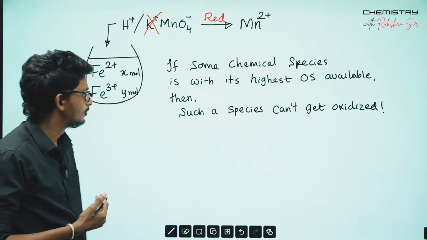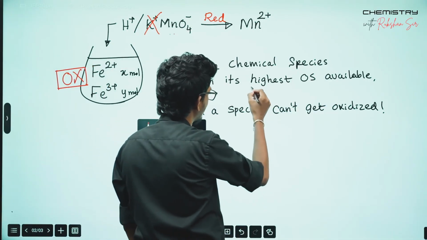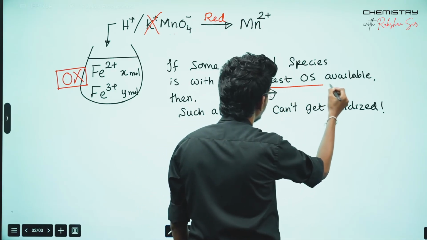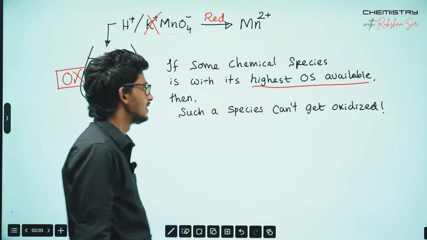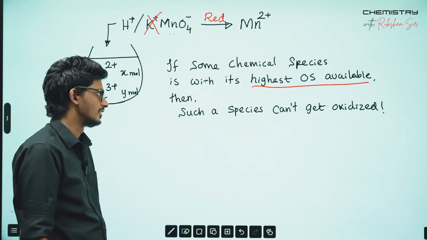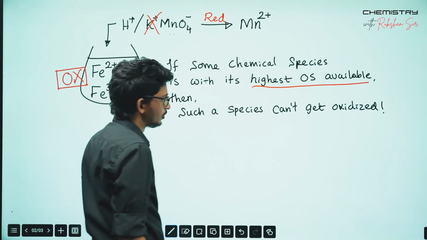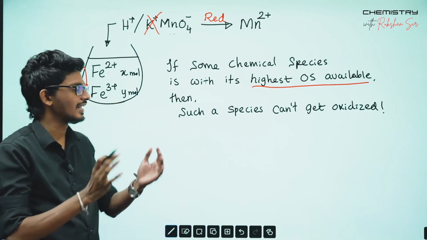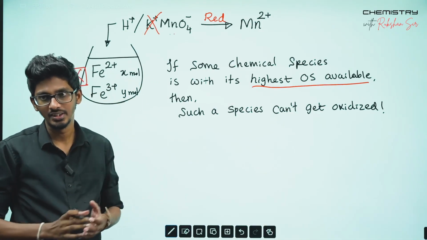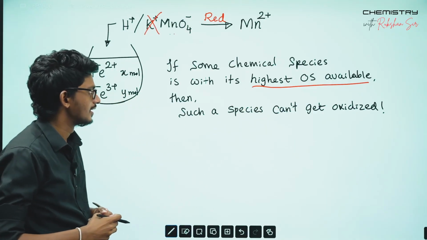So if you are with the highest oxidation state available, then you don't have any other oxidation state to increase to. That means you can't participate in an oxidation.